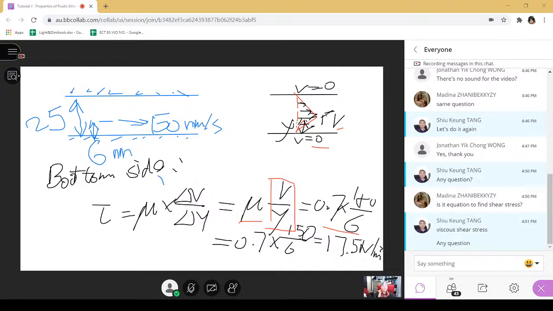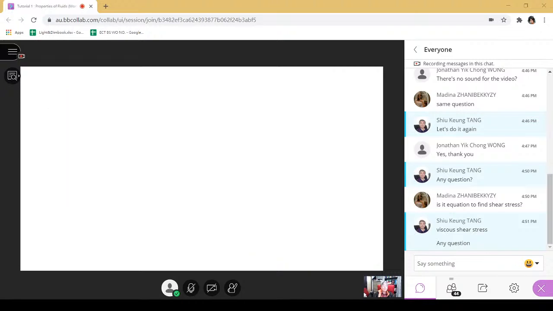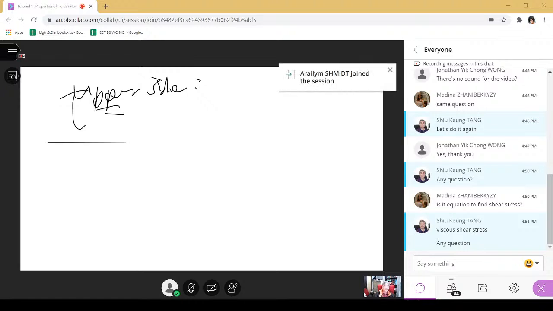Now let's look at the upper side. Let's draw out the upper side.